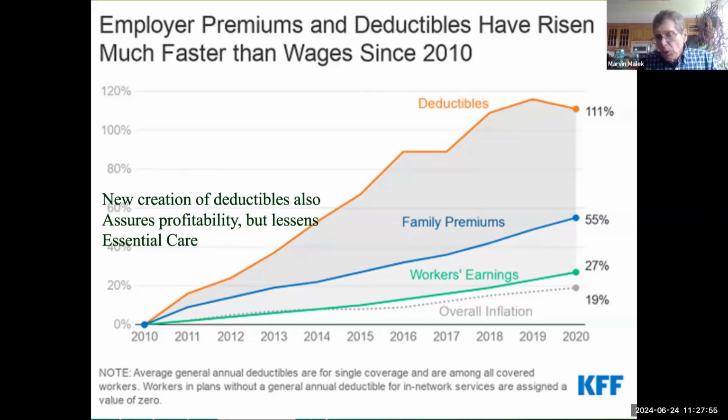So if the workers had a choice, if they're very sick, they're not going to want that policy. And you remember how expensive the 10% of the population who are sick are. So if all those people try to get better coverage and avoid the high deductible plan, then the high deductible plan is going to be cheaper. The premiums will go down, and they'll do really well competing in the market.